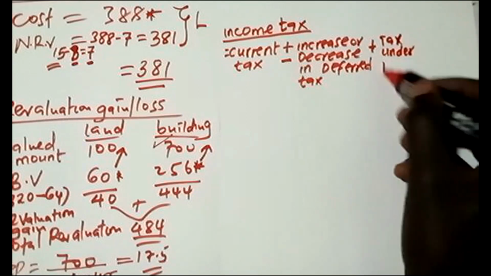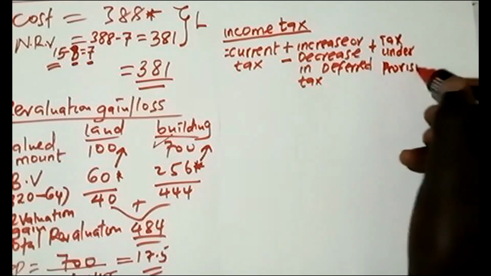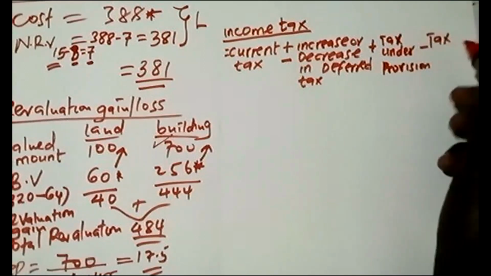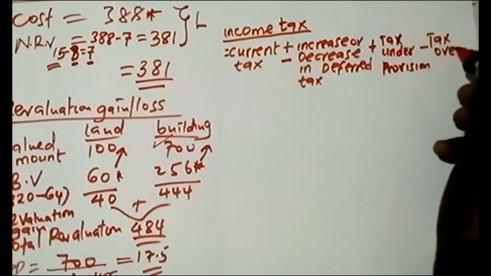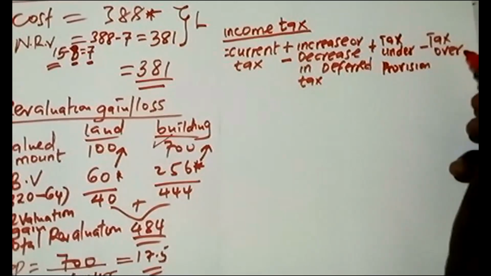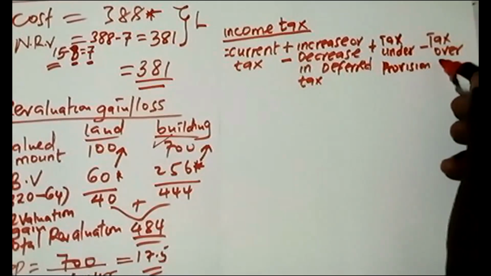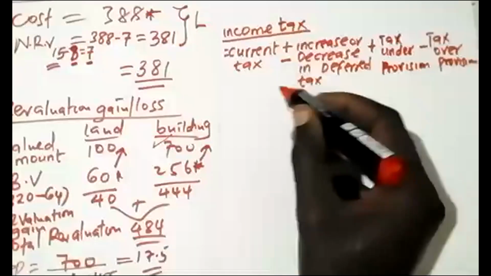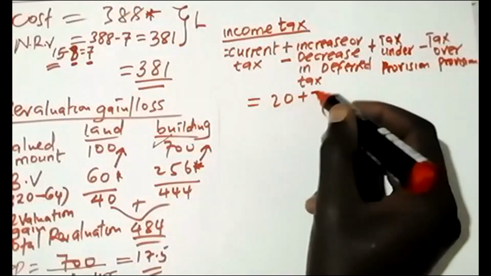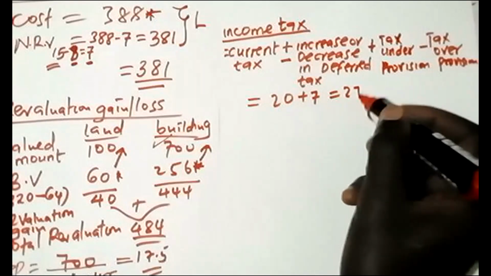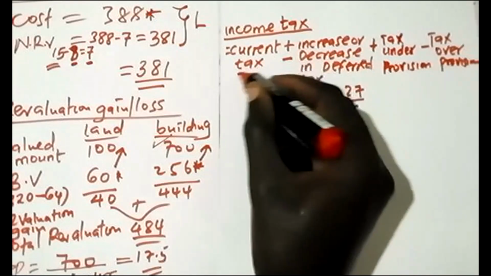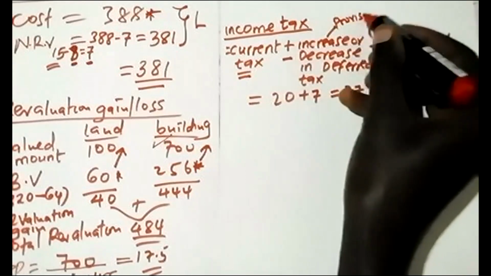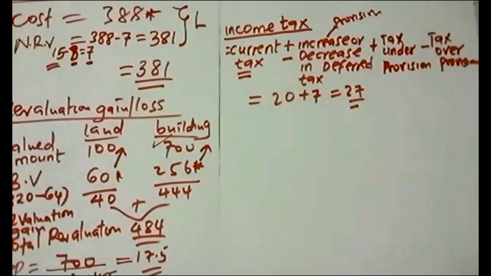Then we minus tax over provision. In the previous year you overpaid, so it will reduce your tax for the current year. But in this question, there was just 20 plus 7: the current tax and the provision they made for deferred tax of 7.